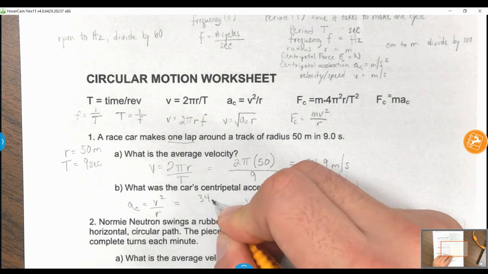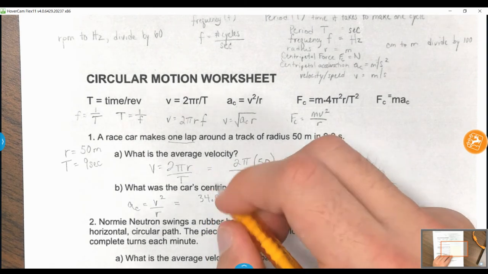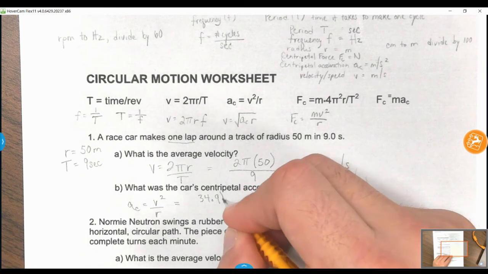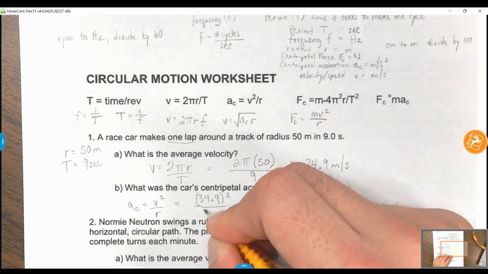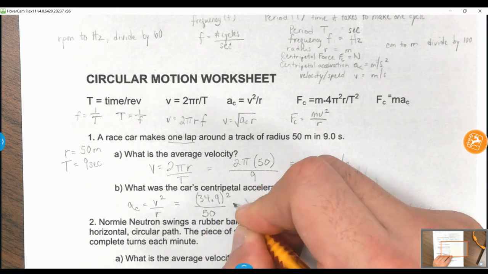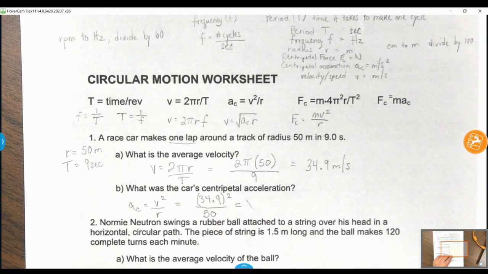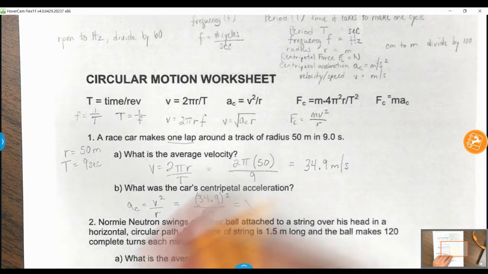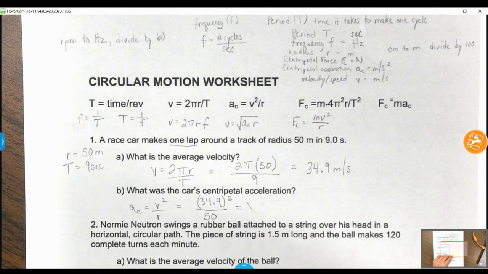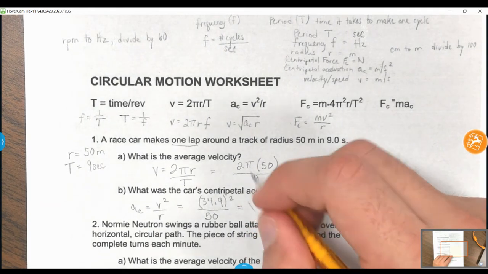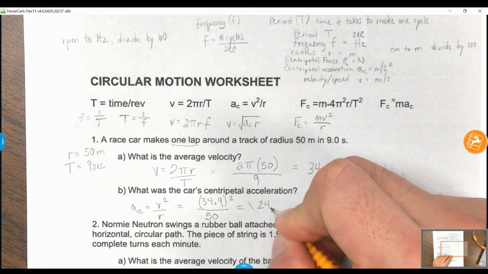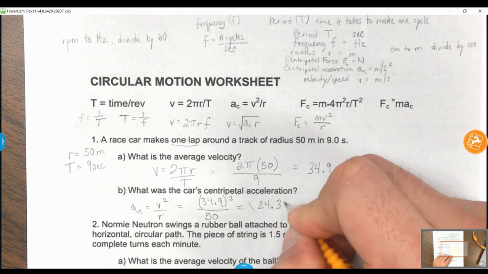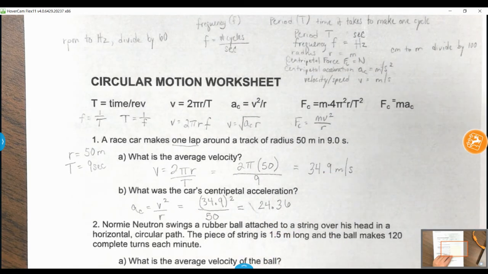So you have 34.9, and remember, you have to have that squared. In your calculator, 34.9, square that, then divide by 50, and you're going to get 24.36.